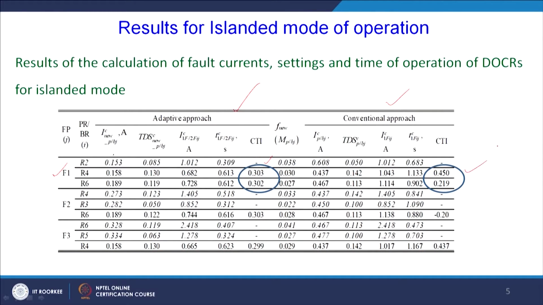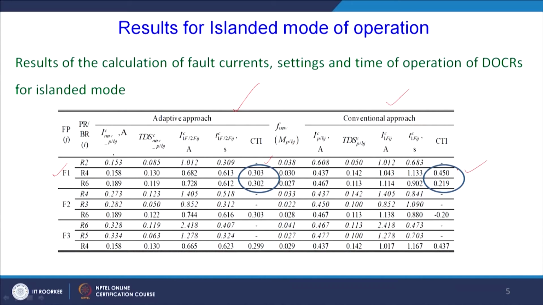But in the conventional approach, where we have not changed the clock setting or TDS of the corresponding overcurrent relay, the CTI is exceeding, not exactly 0.3 second, rather it is 0.45 second. That means it may also miscoordinate if we depend on the conventional approach.